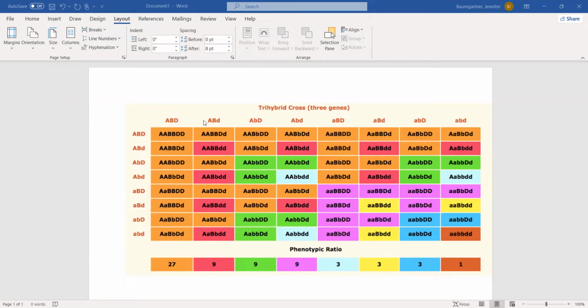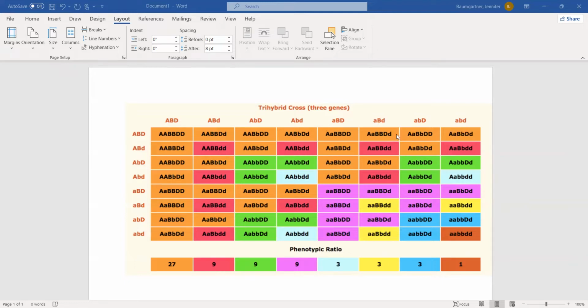I could have all dominant genes: capital A, capital B, capital D. Same thing over here. At the end, I could have all recessive, lowercase a, lowercase b, lowercase d. Then I could have dominant, dominant, recessive, dominant, recessive, dominant, dominant, recessive, recessive, and so on and so forth.